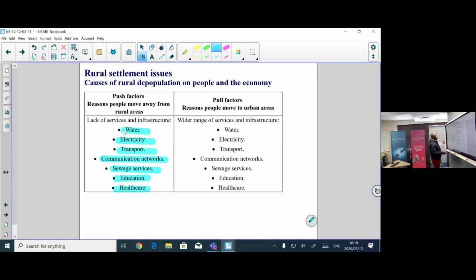Then pull factors on the other side: water is provided by municipalities, electricity is also provided, transport is provided, and there are also private and public taxis and so forth. Communication network is there, sewage, education.